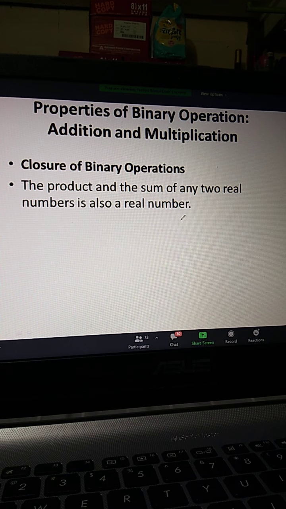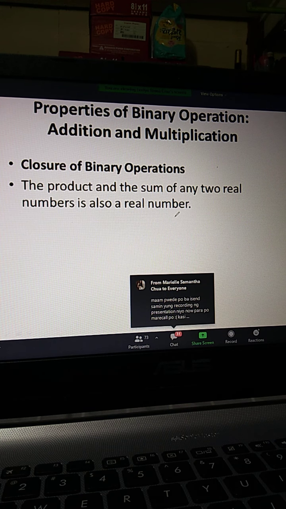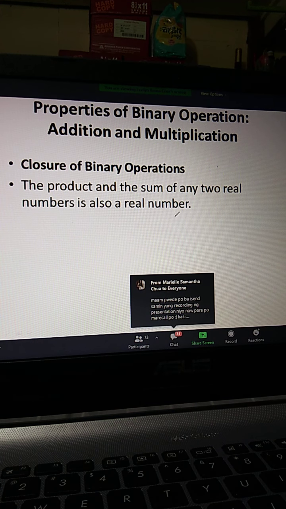The examples I gave you in your module are, for example, the set of natural numbers. When I say natural numbers, it's the same as counting numbers. So the product and the sum of any two counting numbers is still a counting number. Do you agree?